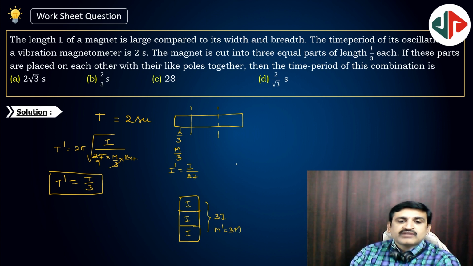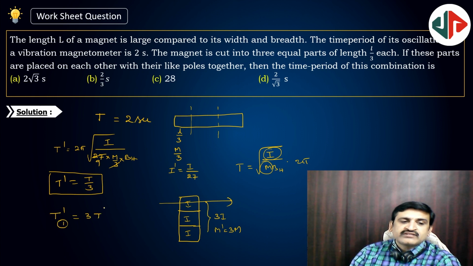So in the formula T is equal to 2 pi square root of I by mBH, suppose I becomes 3 times and m becomes 3 times, so there is no change. So the one piece time period and the 3 pieces time period will be the same. That is what I want to say. So that is T by 3 only, T by 3 means 2 by 3 here.